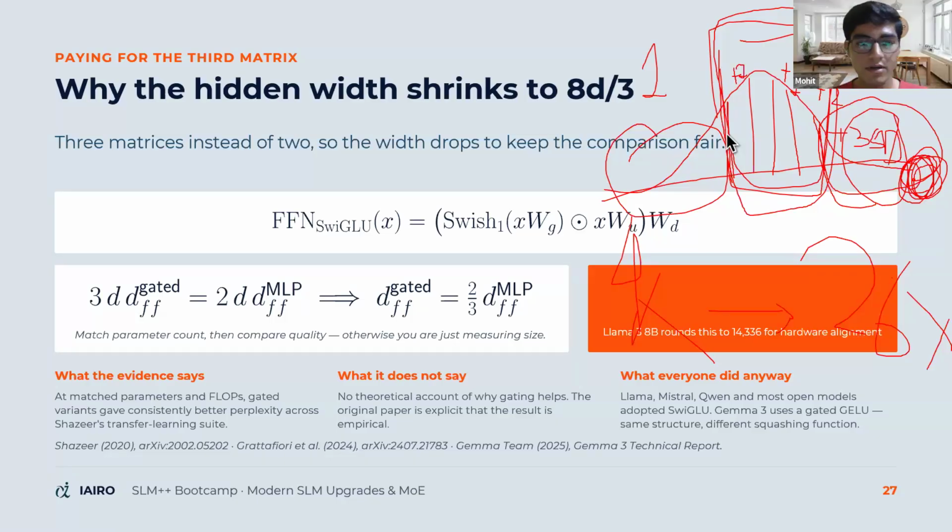We good? One more thing for the 8D to 3 conversion. Suppose there is an optimal width of certain tokens determined by some parameter budget.